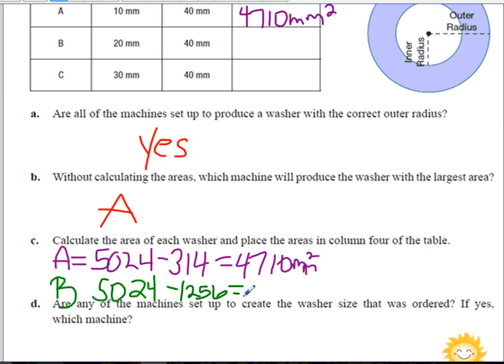So that leaves us with 3768 millimeters squared.